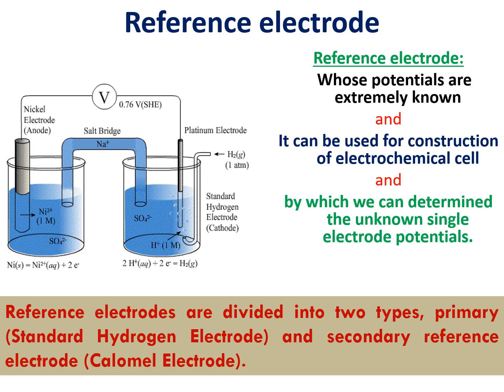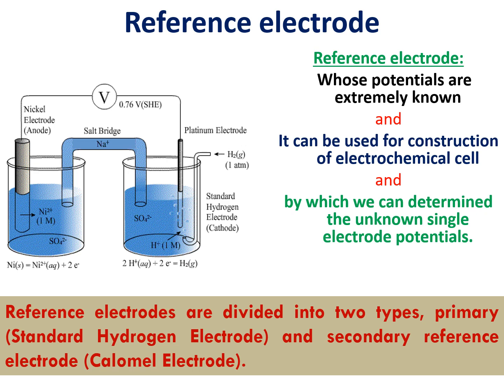So what are the characteristics of a reference electrode? The first thing is that the reference electrode potential should be known. An electrode whose potential is exactly known is called a reference electrode. It is used for construction of an electrochemical cell by taking it as one of the half cells. An electrochemical cell has two half cells, and we take this reference electrode as one of them, by which we can determine the unknown single electrode potential.